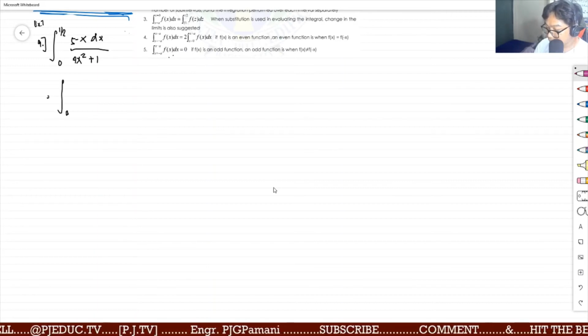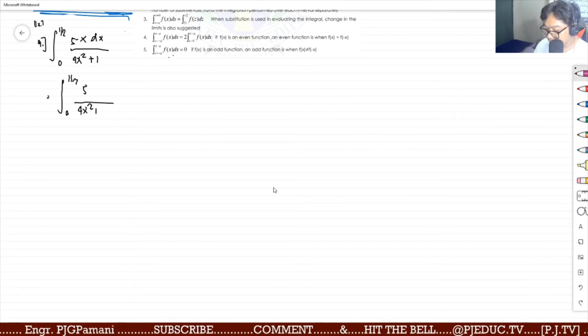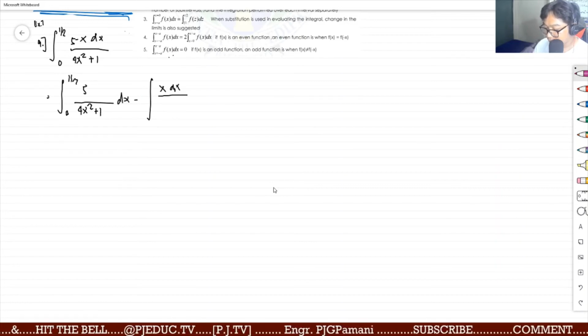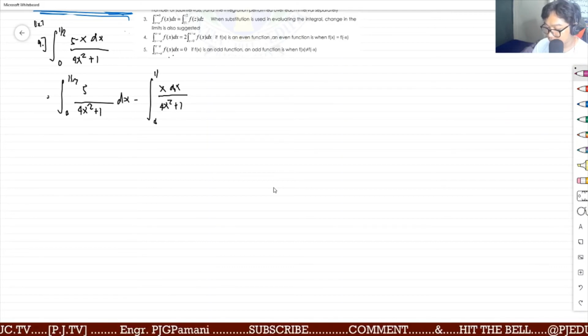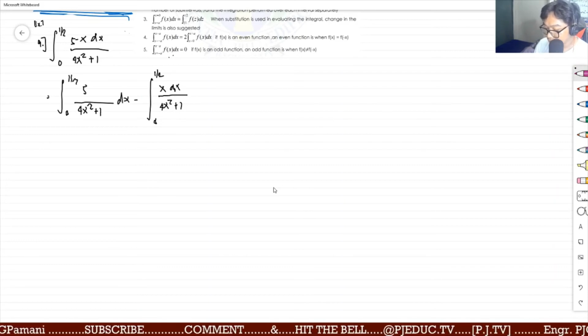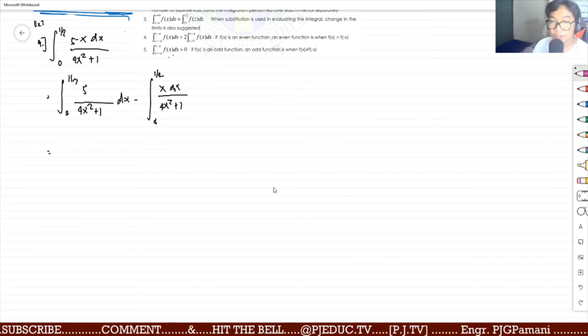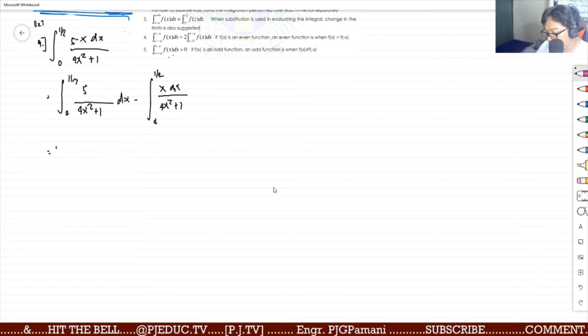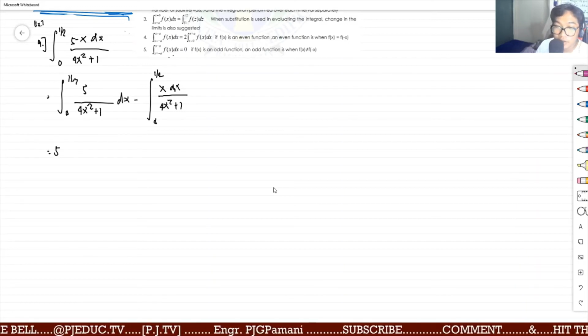That is 0 to 1 half of 5 over 4x squared plus 1 dx minus the integral of x dx over 4x squared plus 1, 0 to 1 half. Diba? First term, we can just simply extract the constant 5 and remember your integration formula.